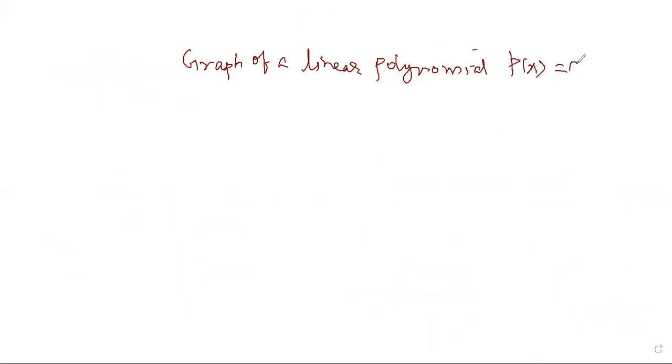The graph of a linear polynomial p(x) equal to ax plus b is always a straight line. So these are the facts you have to remember.